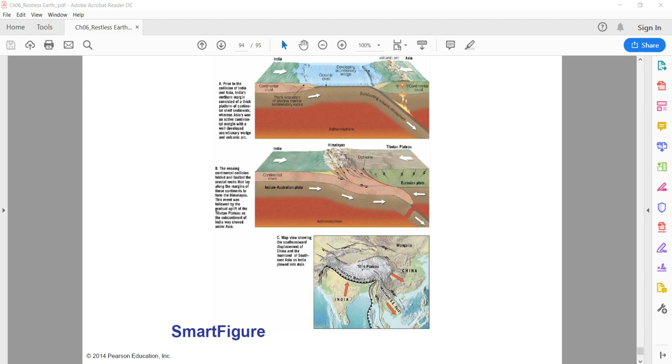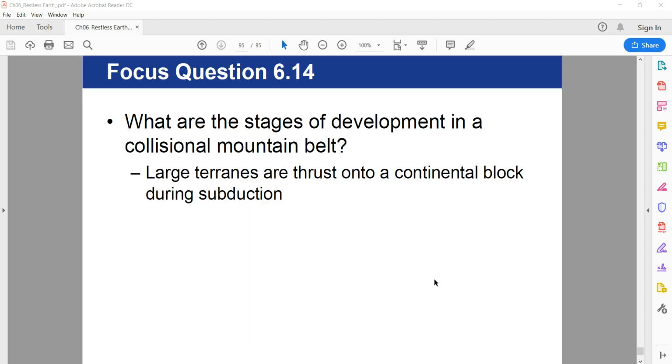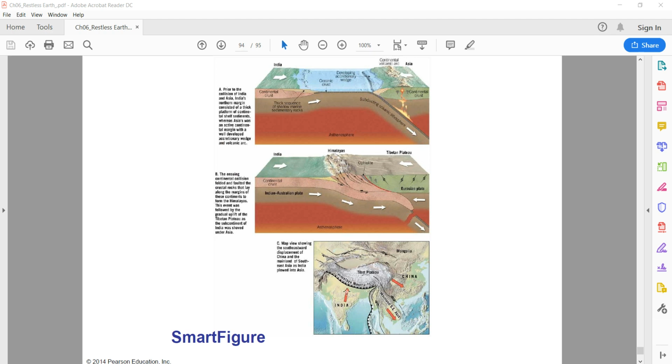When the Indian plate collided against the Asian plate, it led to this expansion, a kind of bulge out from the main continental plate. This is a smart figure as well, so you can see some animation for better clarity of this collision and how this closing of the ocean occurred.